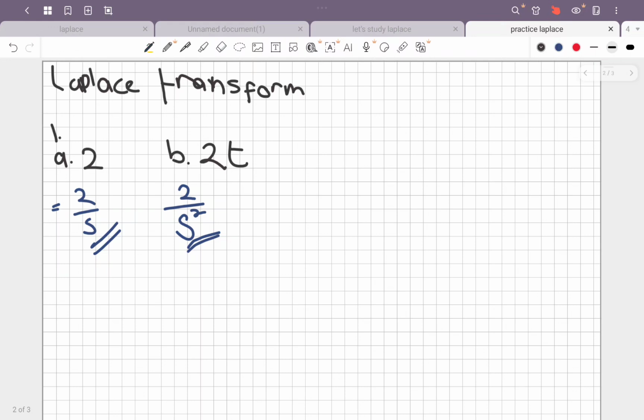Alright, let's move on to question C. 2t square.